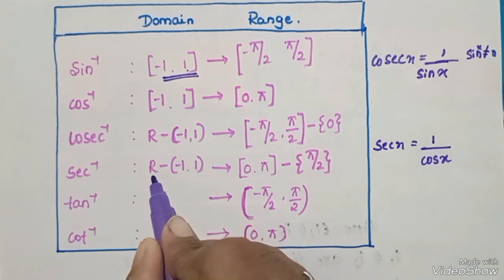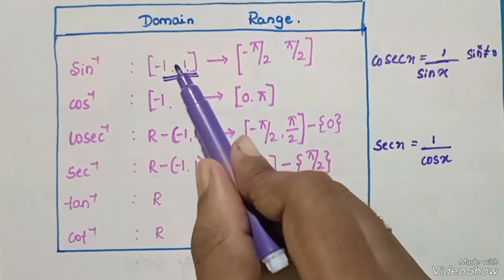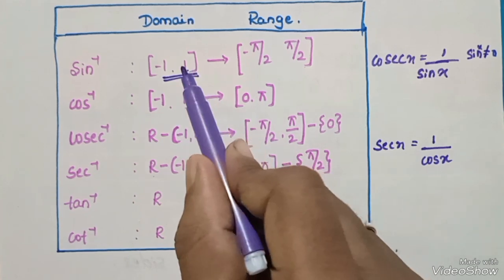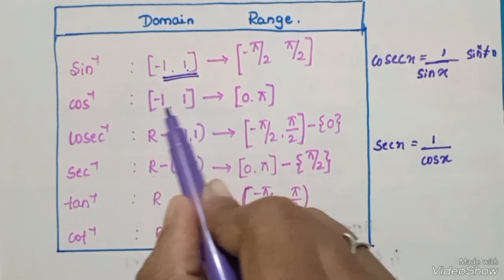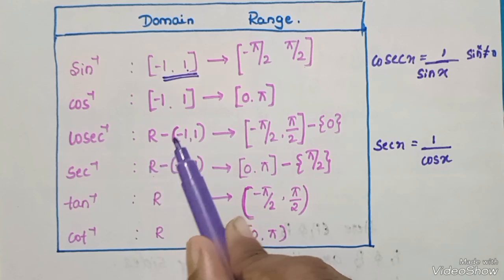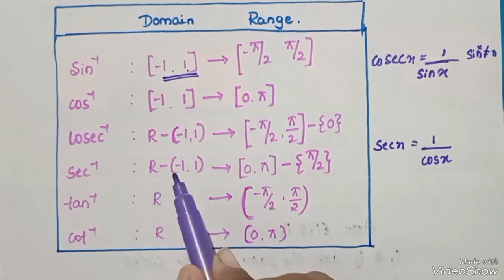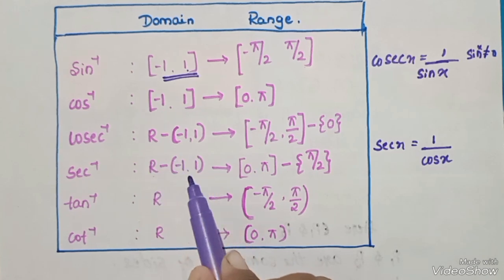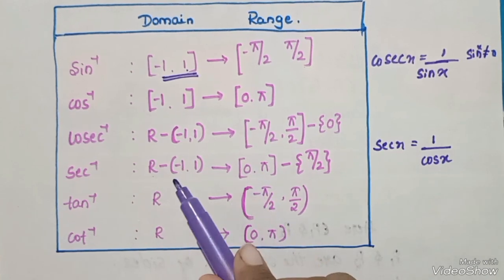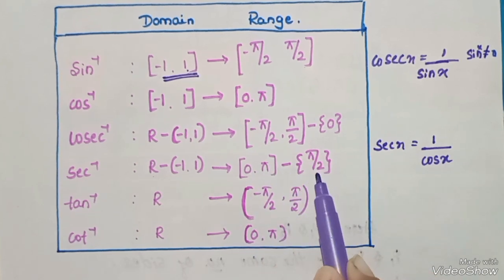In the sine function as well as the cos function, we have taken a closed interval. In the cosec function, the real numbers excluding minus 1 to 1. Again here also real numbers except minus 1 to 1, and the range is 0 to pi except pi by 2.